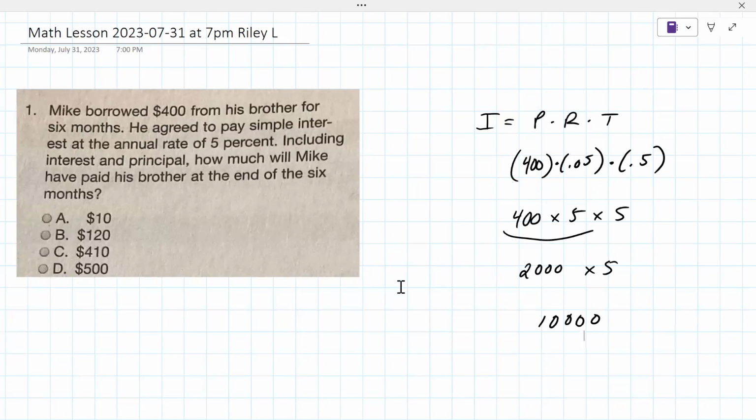So is any of these numbers 10? Yes. But that's what I got the first time. It just didn't look right.